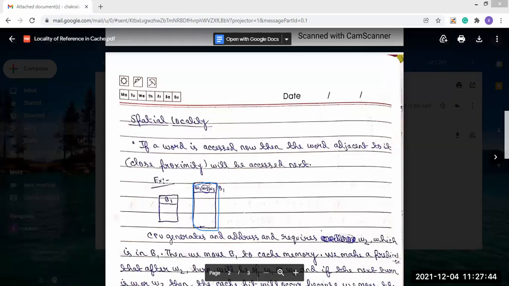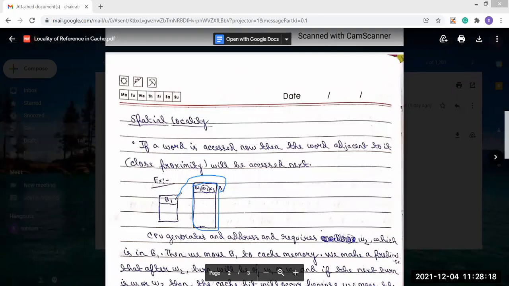Now how will this word number 2 be accessed by the CPU? For this, we have to move block 1 into the cache, and how this block goes there will depend upon the cache mapping technique, whether direct mapping, fully associative mapping, or set associative mapping.